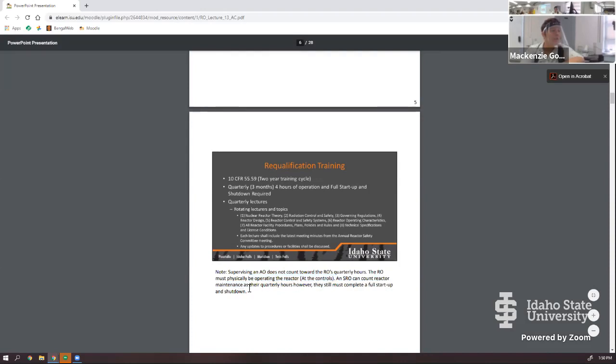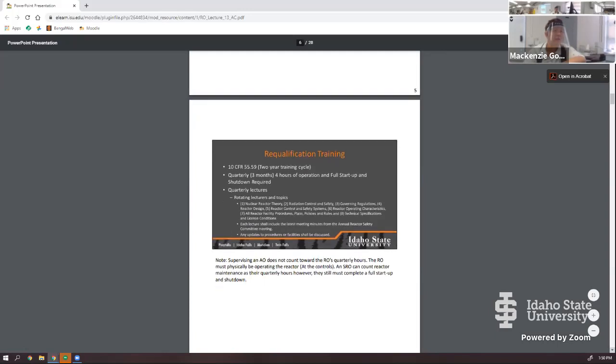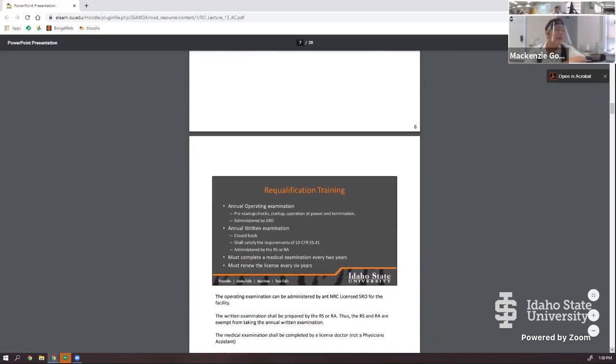An SRO can count reactor maintenance towards their hours, but they still have to do start up and shut down, right? So that's what we just talked about. And that counts for SROs. So note that as an RO, you have to be at the controls. Okay? And then here's that list of rotating lectures and topics that you have to get exposed to quarterly.